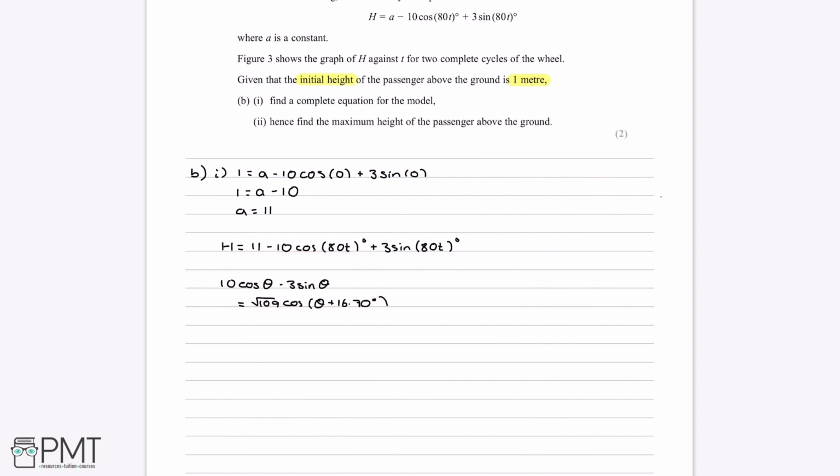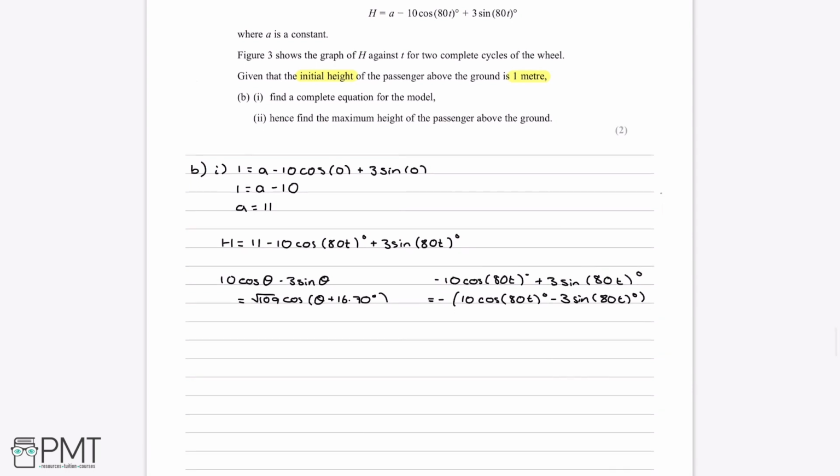There's just a difference in the signs. So if we write what we have, which is minus 10 cos 80t plus 3 sin 80t, if we factorise out a minus sign, we're left with the exact same thing that we had for part A. The only difference being we've replaced theta with 80t.